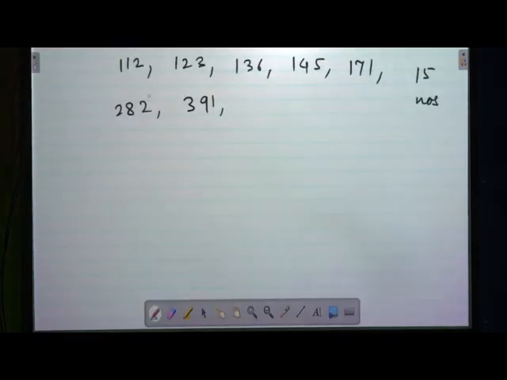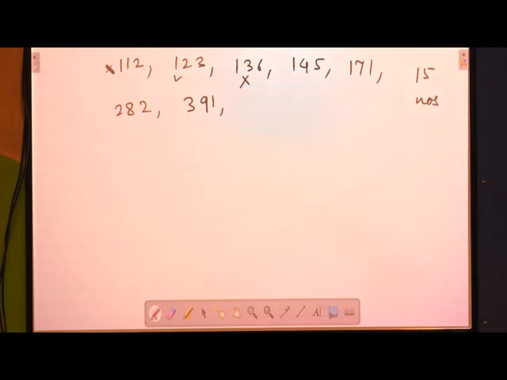Now see here, 2 plus 1 is 3, 3 plus 1 is 4, not divisible. 3 plus 2 is 5, 5 plus 1 is 6, this is divisible. 6 plus 3 is 9, plus 1 is 10, not divisible. 5 plus 4 is 9, 9 plus 1 is 10, not divisible. Now 7 plus 1 is 8, 8 plus 1 is 9, divisible by 3. 8 plus 2 is 10, 10 plus 2 is 12, divisible by 3. 9 plus 1 is 10, 10 plus 3 is 13, not divisible by 3.